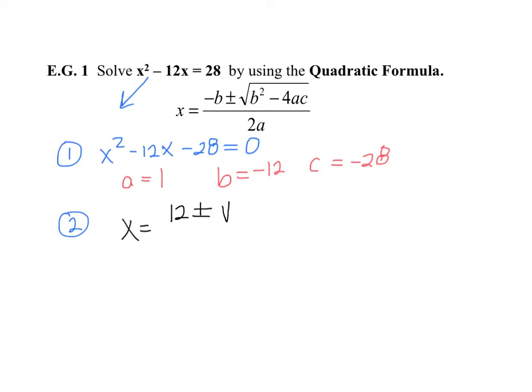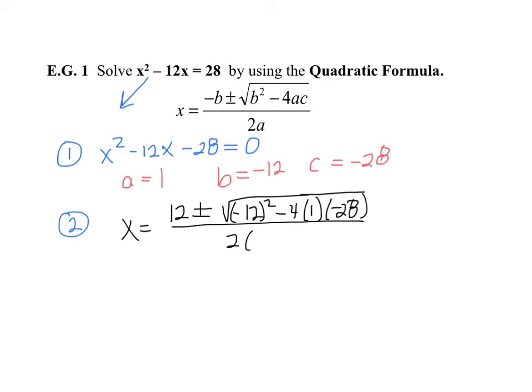And so square root, this is a negative 12 squared minus 4 times 1 times negative 28. See how I substituted all that with your A and C? The A and C goes right there. All over 2 times 1.